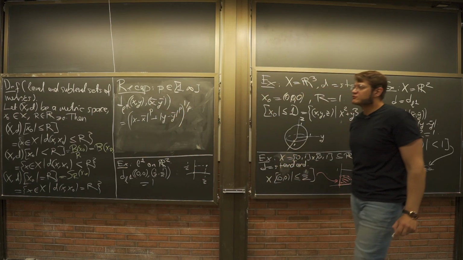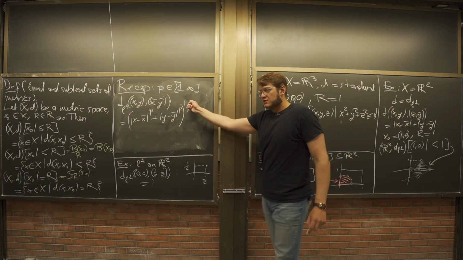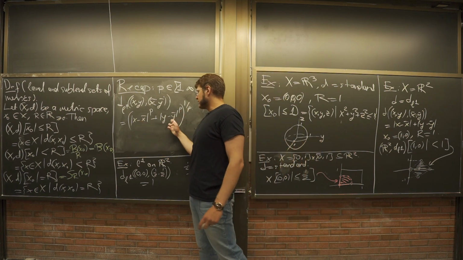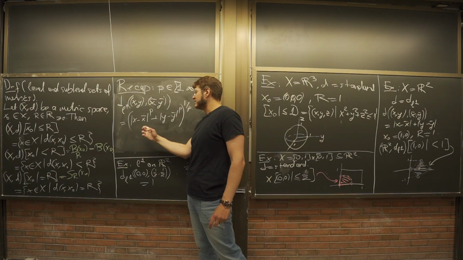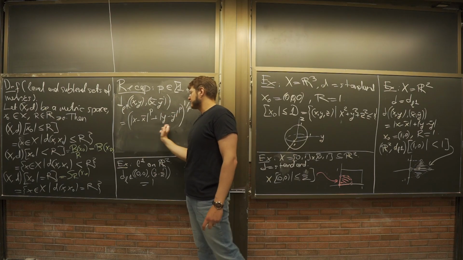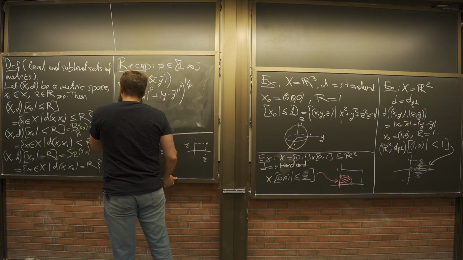If p were 1, of course, I don't have this 1 over p. I just have absolute value here. And if I have p equals infinity, I really mean the limit. And in the limit, this just becomes the max. Maybe I should write that as well.